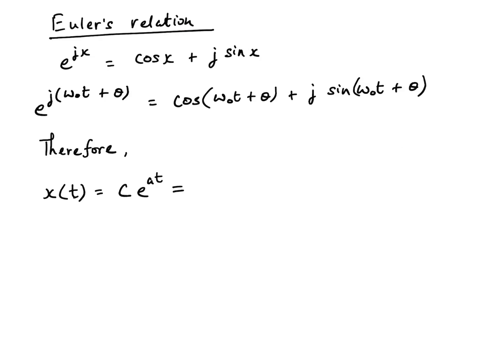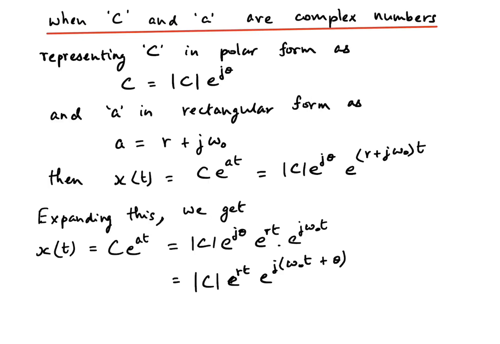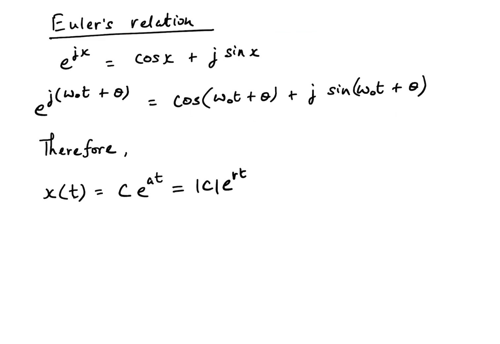So that will become magnitude of c e power rt into cosine omega naught t plus theta, plus, because there is a j term here, j magnitude of c e power rt into sine omega naught t plus theta.